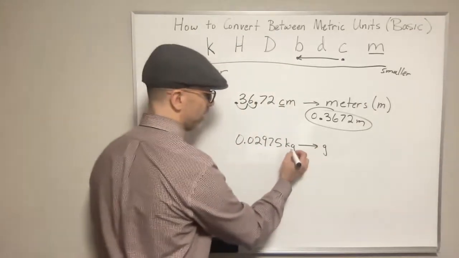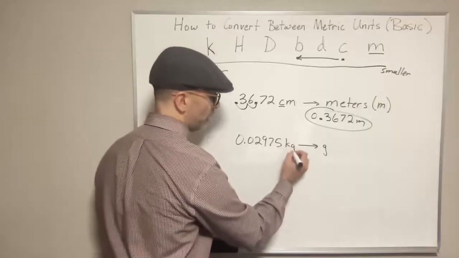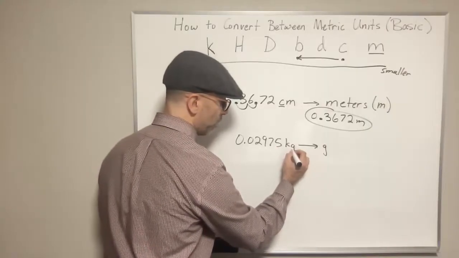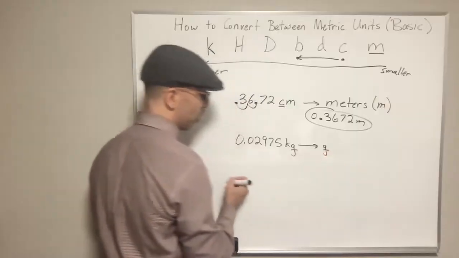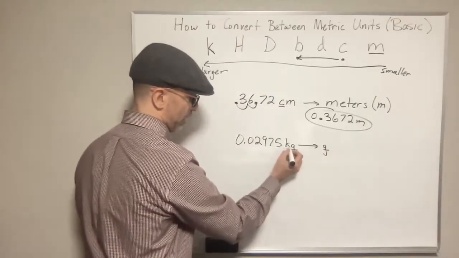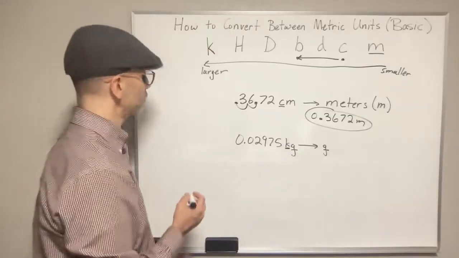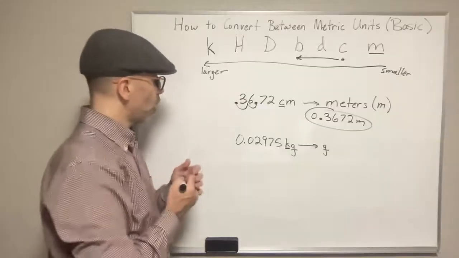So notice that the abbreviation for gram is little g. That's your second letter here, and then this letter in front is K. That's your prefix. And so now we know where we're beginning.